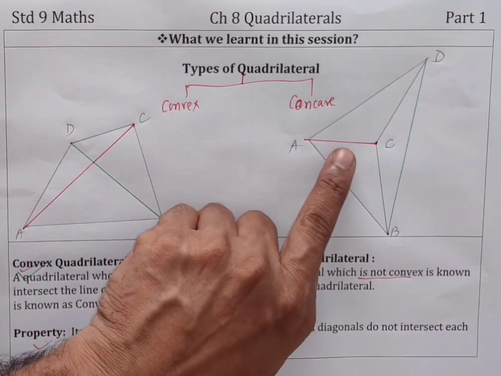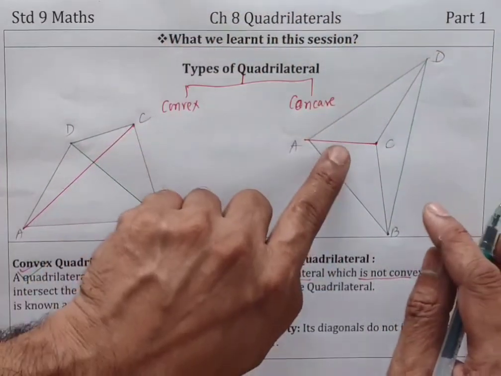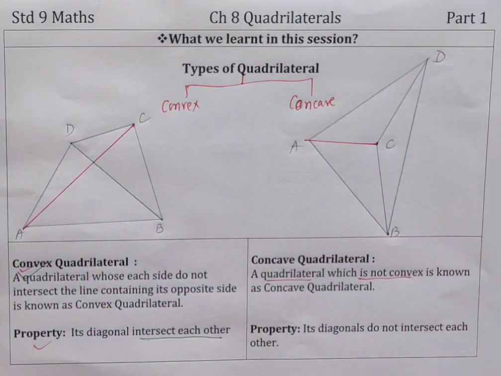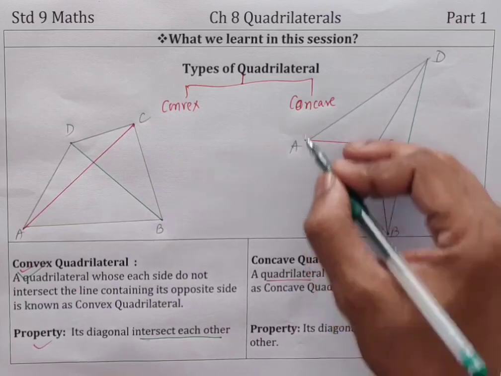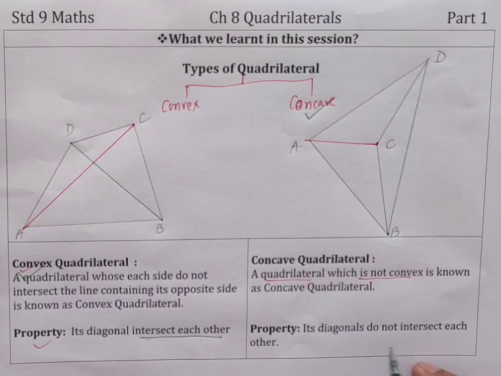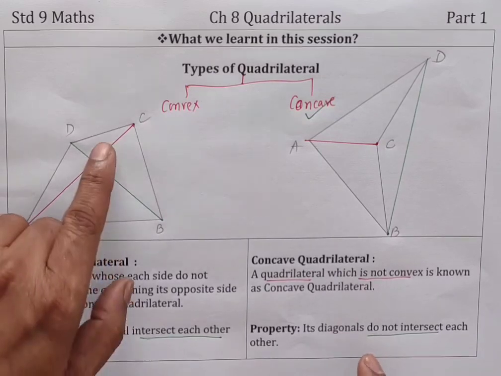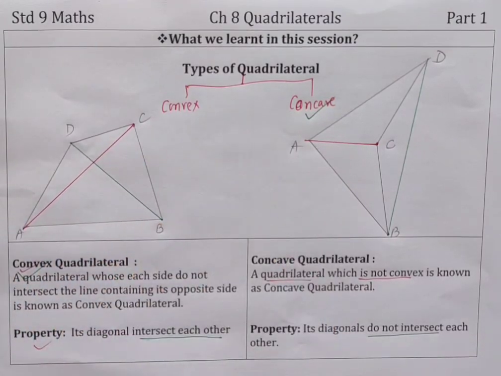Look here, these diagonals are line segments. They are not going to extend. The red line segment and green line segment will never intersect. So that is the property of concave quadrilateral. Its diagonals do not intersect. Here they intersect, here they do not intersect. So remember the property of convex quadrilateral and concave quadrilateral.